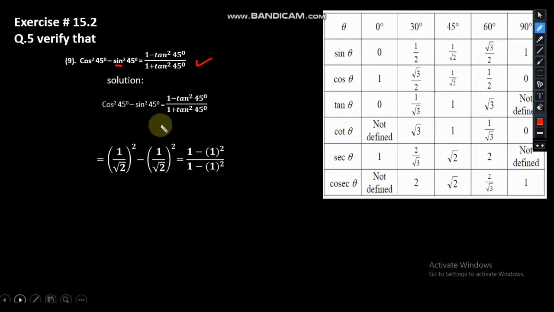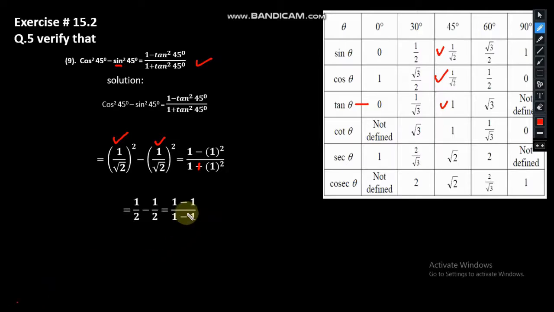Now cos 45 degree is actually equal to 1 divided by root 2. We can write here sin 45 degree, which is also equal to 1 divided by root 2, and taking whole square, and tan 45 degree is equal to 1, sorry, typing mistake here, tan 45 degree is equal to 1.